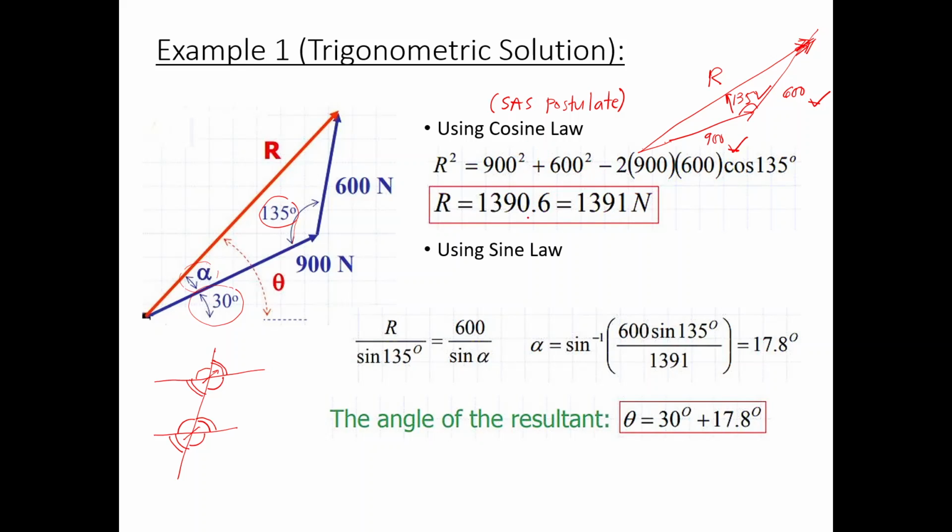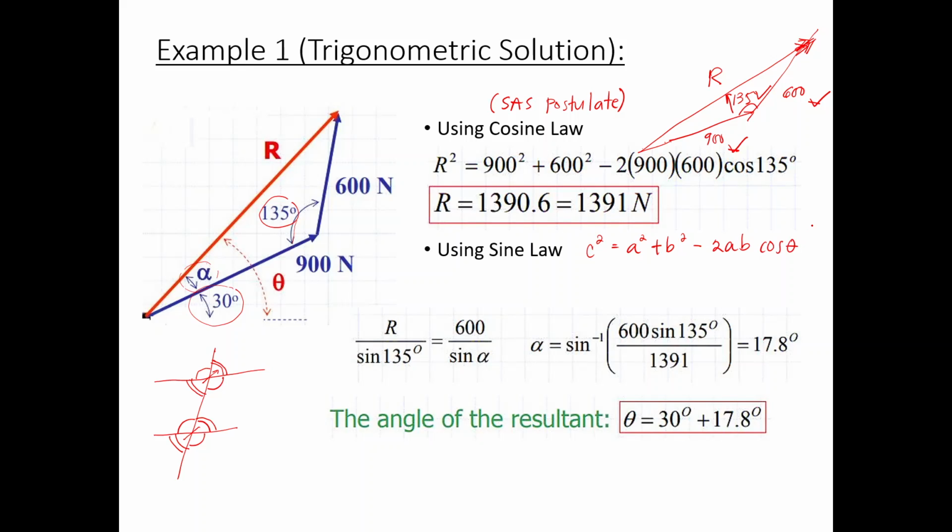Using the resultant force R, let's try to write the formula. If you are old school in writing the formula, you can use C squared is equal to A squared plus B squared minus 2AB cosine theta.